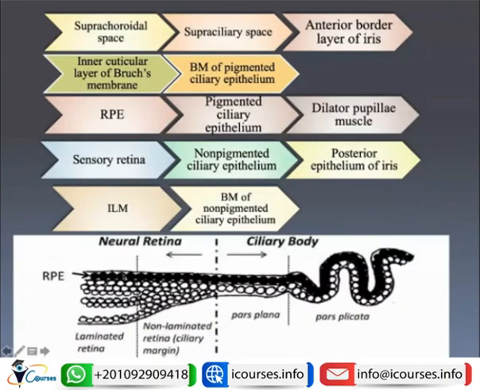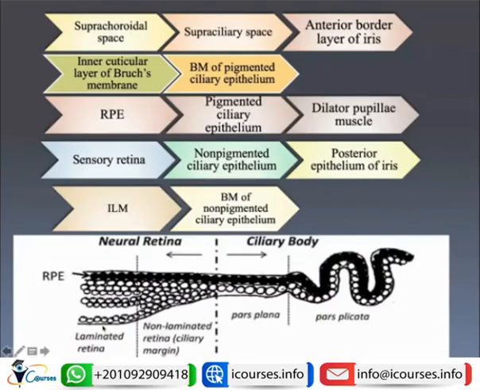The retinal pigment epithelium will be continuous with the outer pigmented epithelium of the ciliary body, and will be continuous anteriorly with the dilator pupillary muscle, while the neurosensory retina at the region of the pars plana will change to the non-pigmented ciliary epithelium, and the non-pigmented ciliary epithelium will be continuous with the posterior epithelium of the iris.